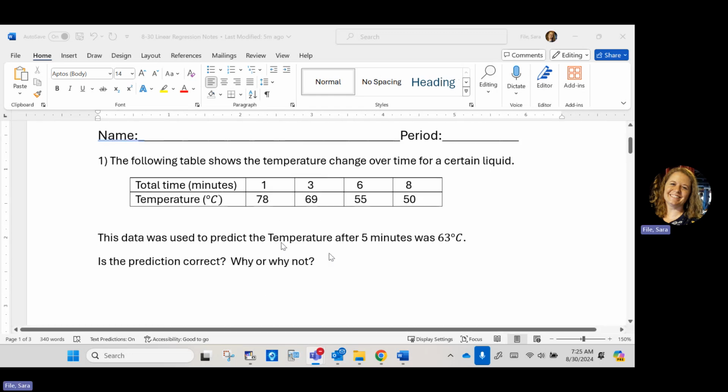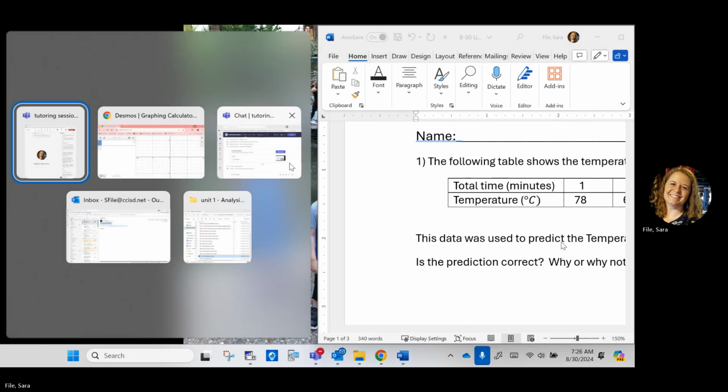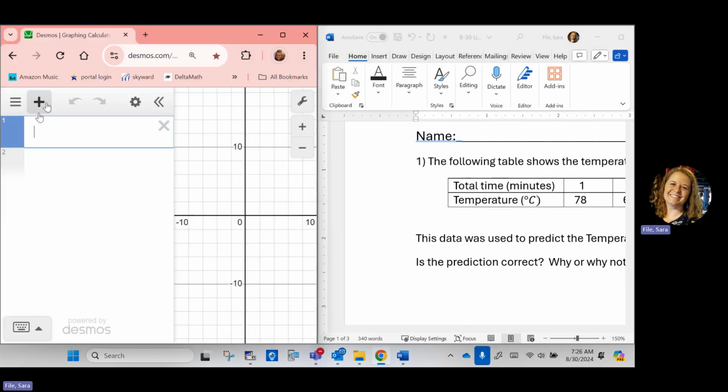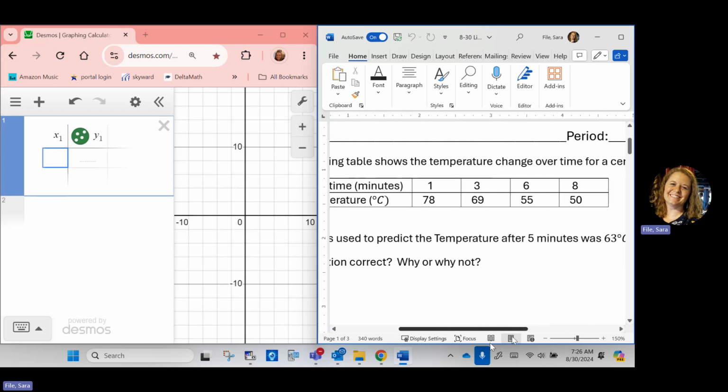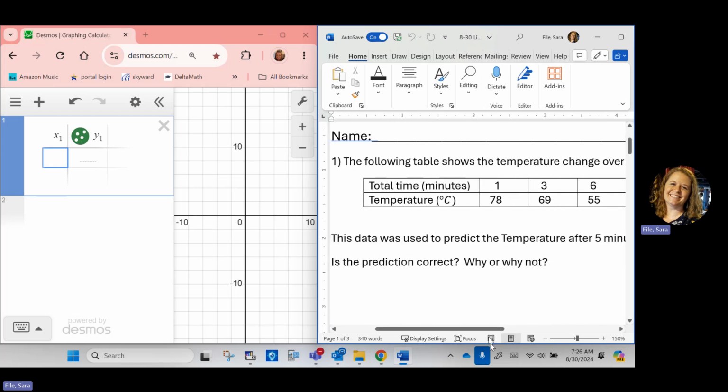All right, so I'm going to pull up Desmos and enter my data. So remember, the process in our calculator is add table and then enter our X and Y values. We have to make sure we can identify which is X and which is Y in our table. If you need to label that, make sure you're labeling.